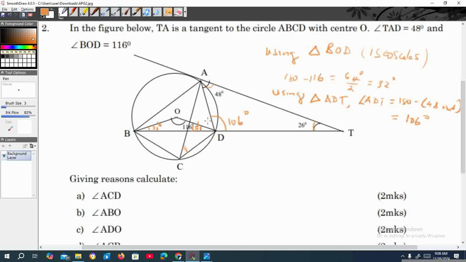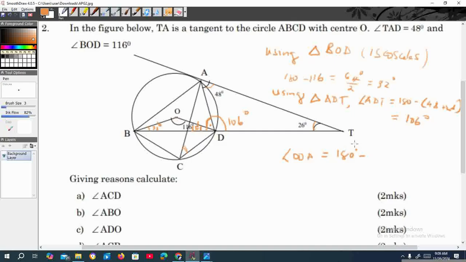Then looking at this other angle here, angle ODA, it is on a straight line with this angle ODB, and these are 106 degrees. So we can say that angle ODA is given by angles on a straight line that add up to 180.